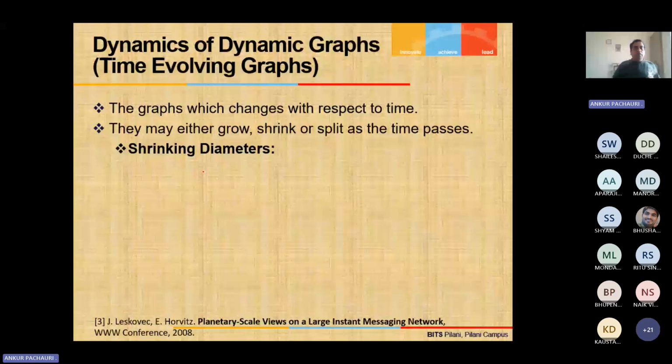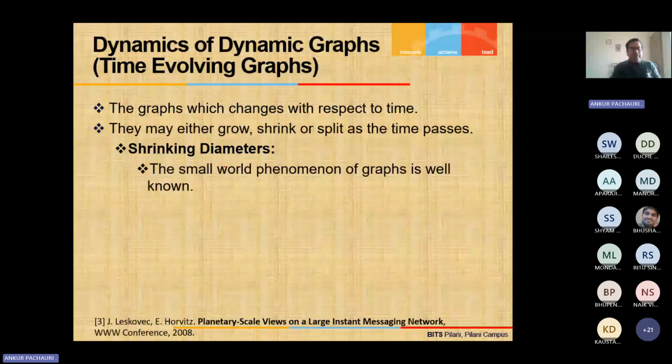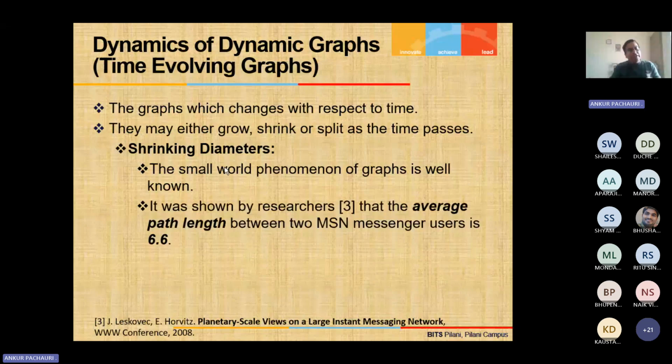The other dynamic is shrinking diameter. Shrinking diameter means that as the connectivity increases, the diameter of a graph will decrease, obviously. The average path length of MSN Messenger comes out to be 6.6.